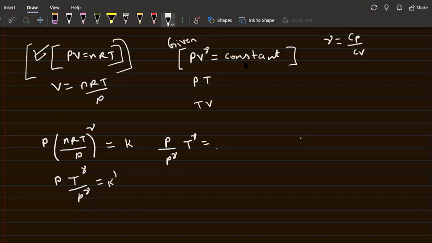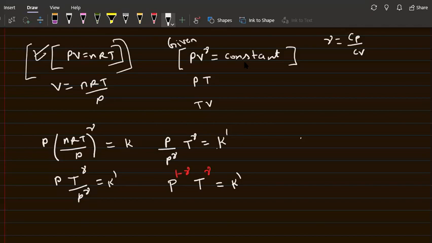So this is P to the power 1 minus gamma and T to the power gamma is equal to constant. Got it, everyone? Everyone got this, right?